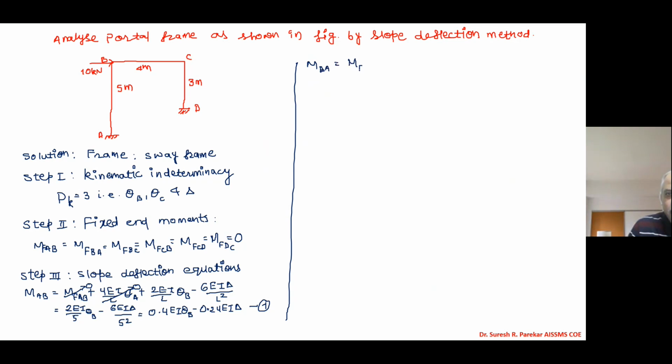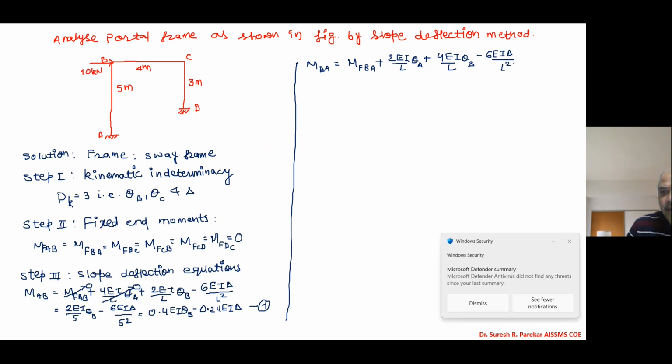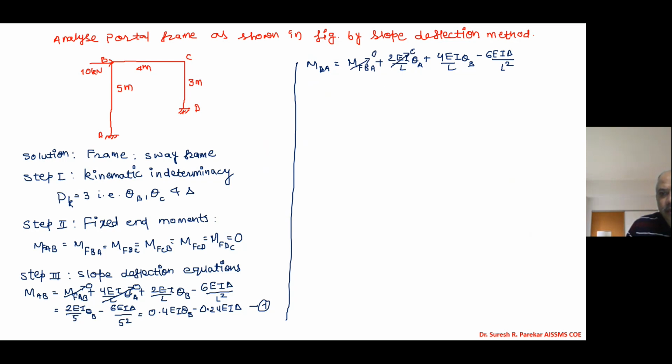Then we will go to MBA equal to MFBA plus 2EI upon L theta A plus 4EI upon L theta B minus 6EI delta upon L square. Now we have MFBA 0, theta A 0.